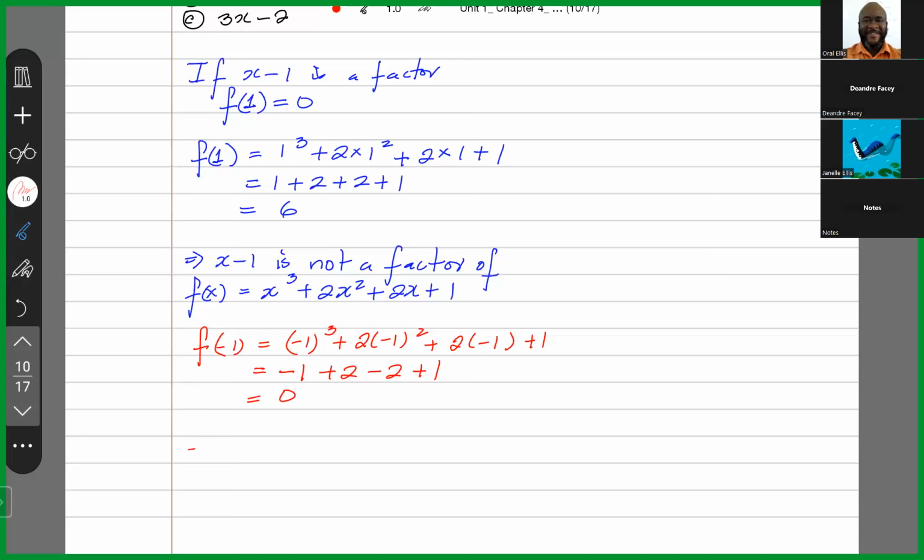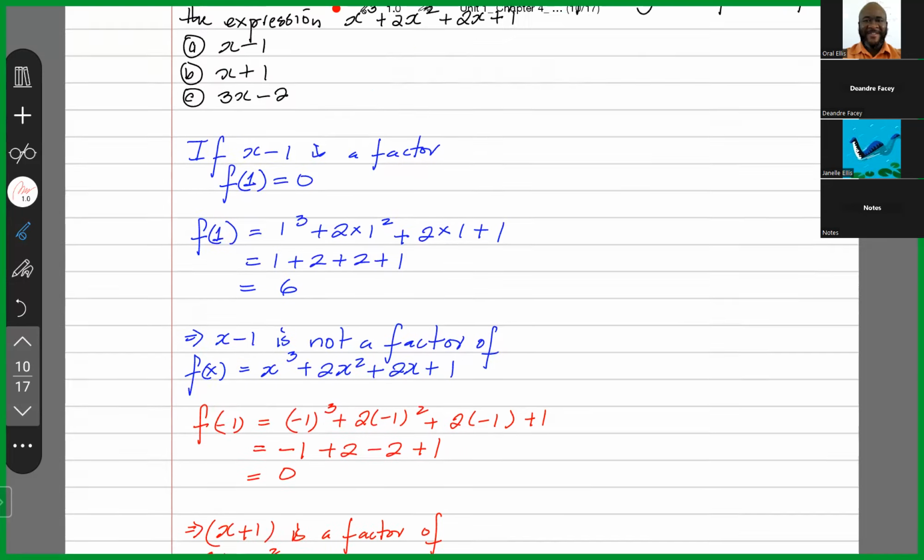Therefore, x plus 1 is a factor of x cubed plus 2x squared plus 2x plus 1.